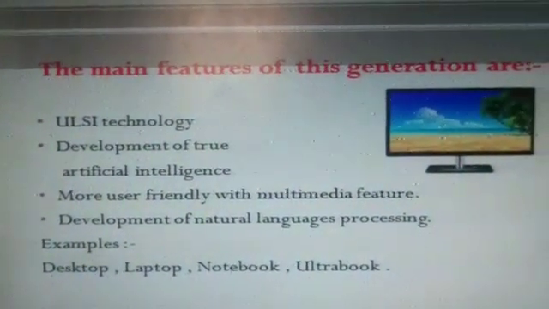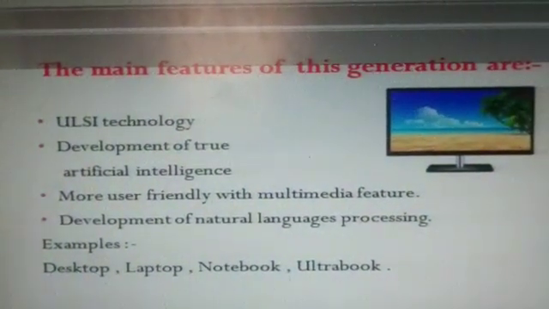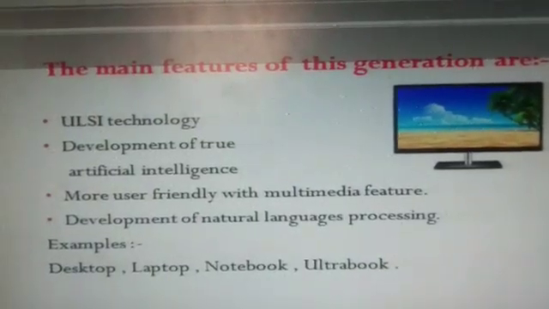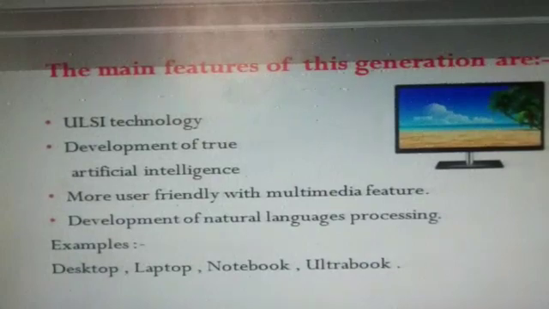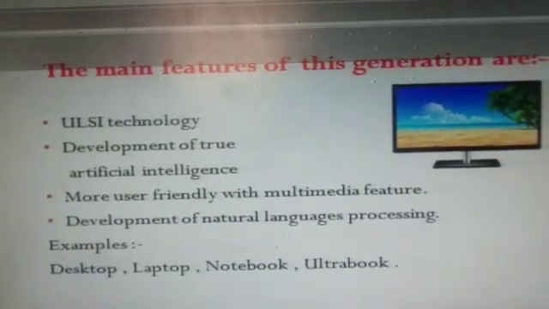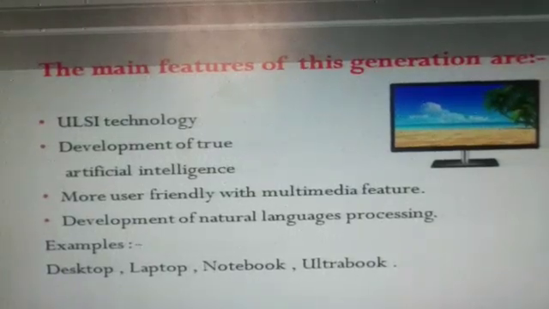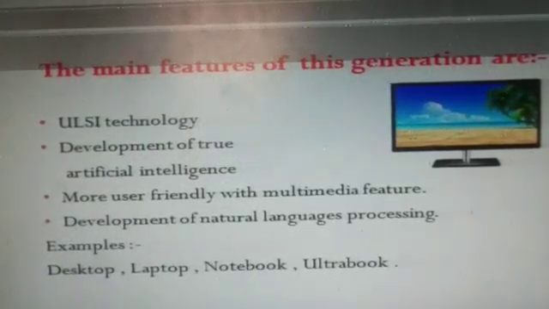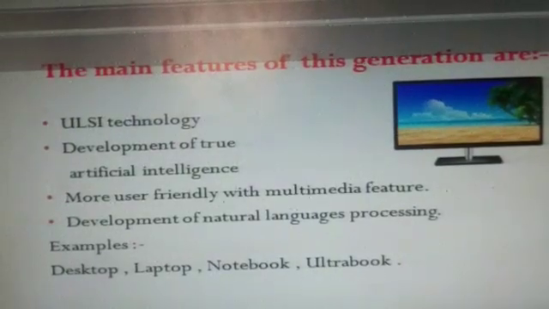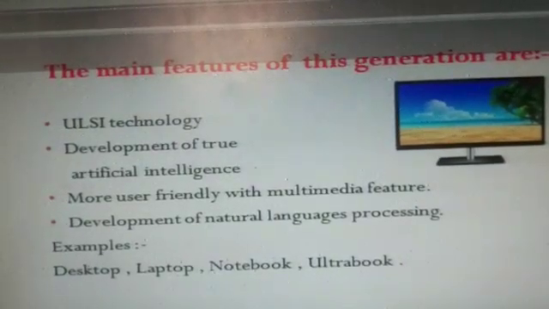Now students, main features of this generation are: first is ULSI technology. In this generation we used ULSI instead of VLSI, and development of true artificial intelligence, more user friendly with multimedia features, and development of natural language processing also.